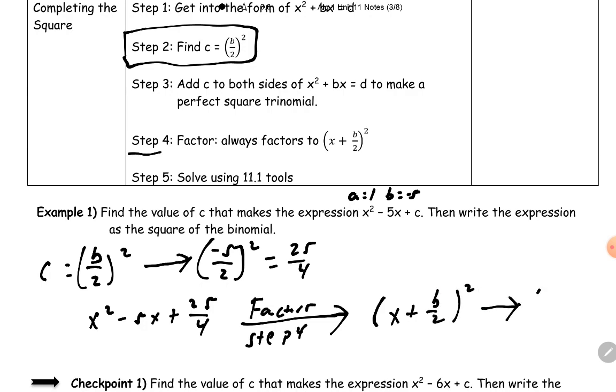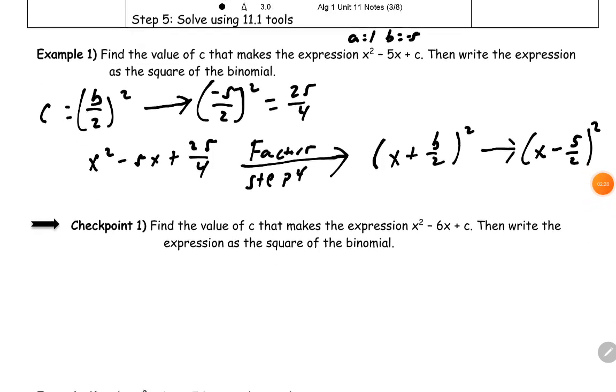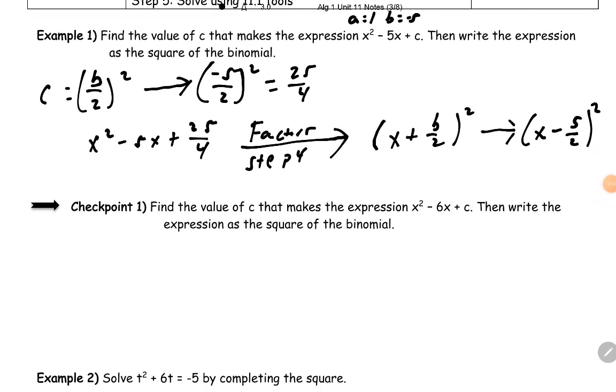So in this case, it factors to x minus 5 halves squared. So right now this is just practicing steps 2 and 4 for these first examples, and then we'll go through all the steps in another example.